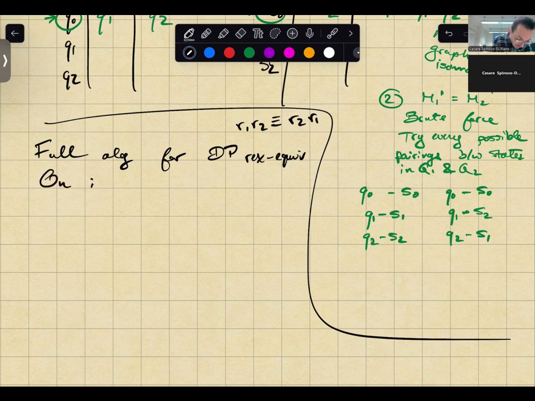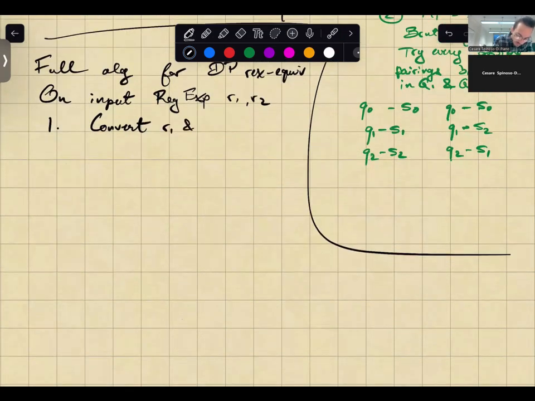This algorithm operates on inputs of type regular expression, R1 and R2. So the first thing that we do is we convert R1 and R2 to FA, M1 and M2.